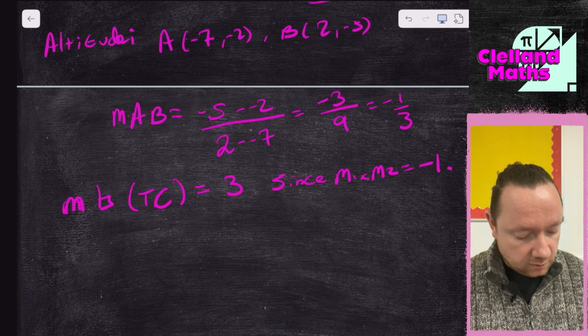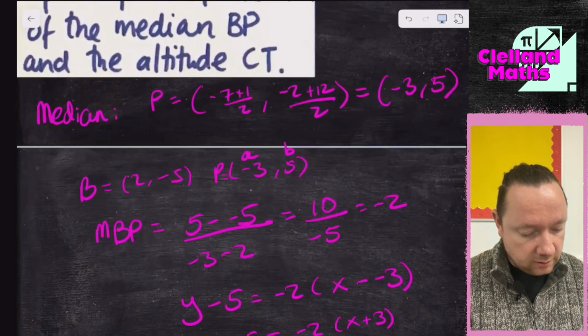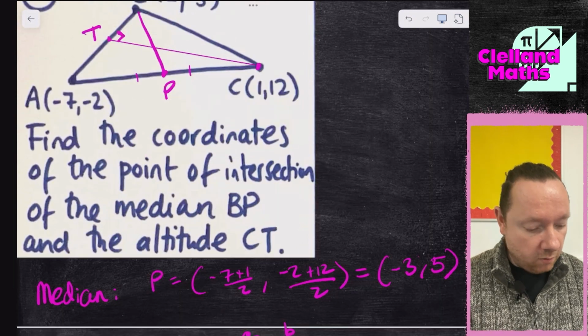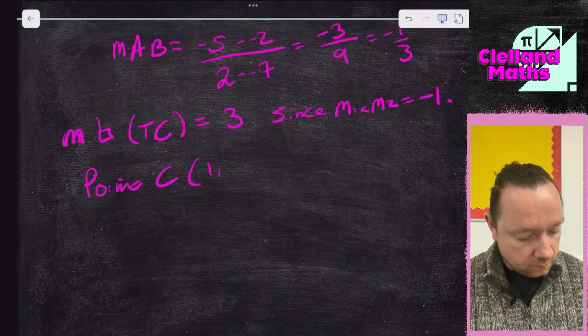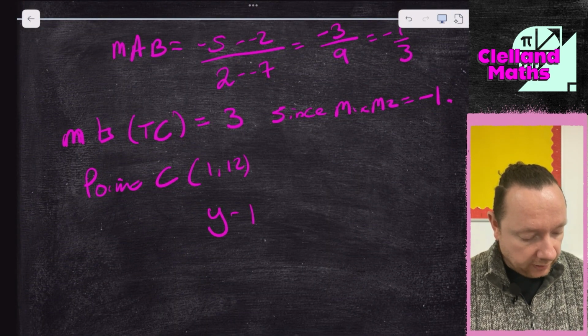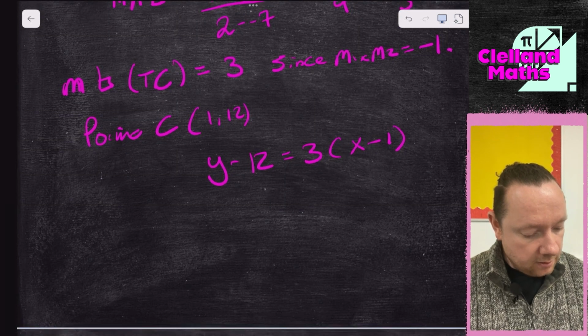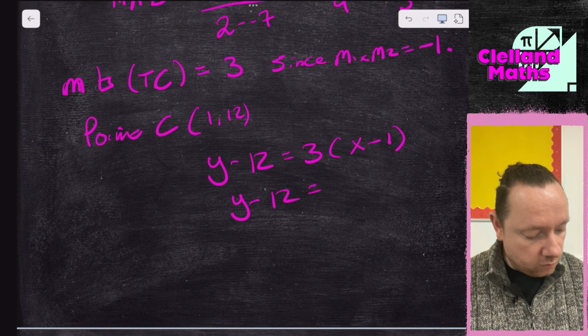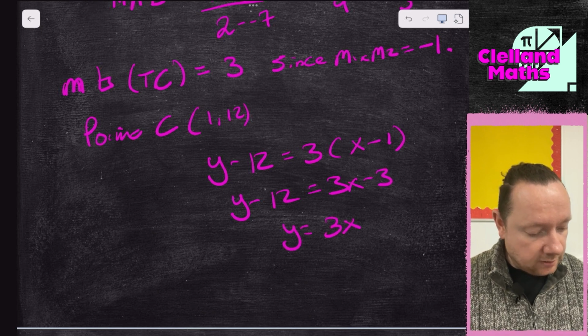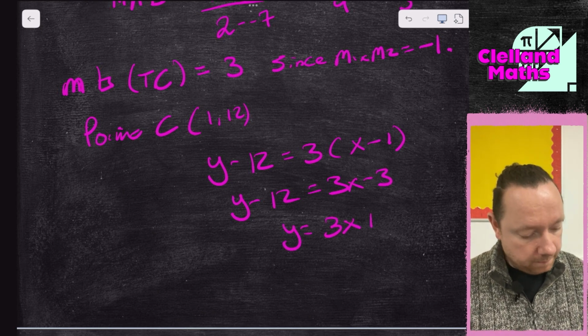And then we need a point. So our point on the line is C, which is 1, 12. So y minus b equals m, x minus a. y minus 12 equals 3(x minus 1). So y finally is 3x minus 3 add 12, which is 9.